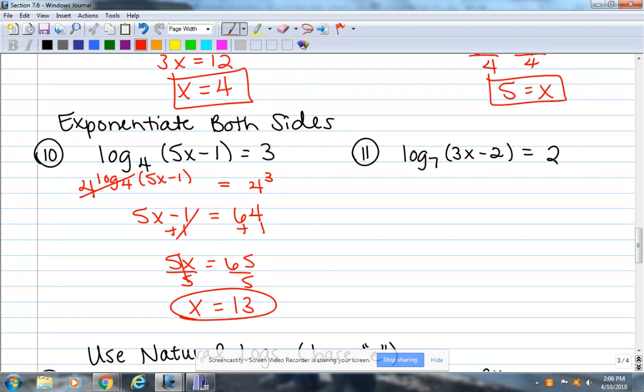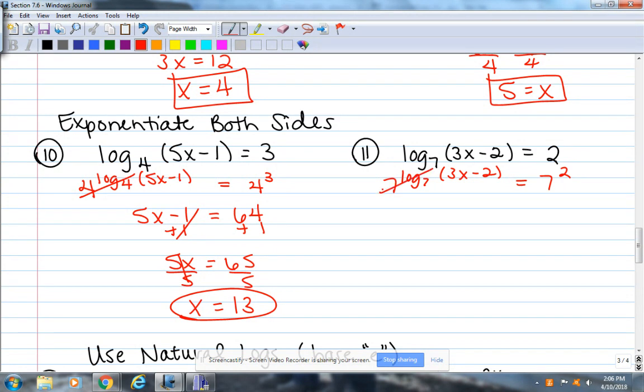Same thing with this one. Log base 7 of 3x minus 2 equals 2. The log's only on one side, so how do I get rid of the log? Give everything a base of what? So we exponentiate both sides, giving everything a base of 7. So put everything in the exponent. So 7 to the log base 7 does what?